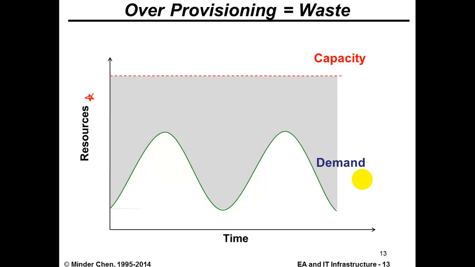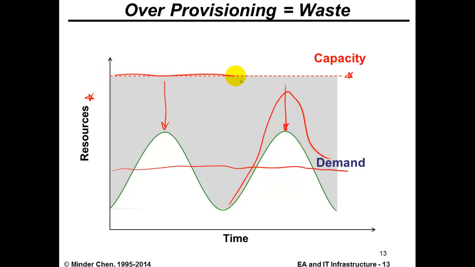But in the traditional computing IT infrastructure, the supply side, which is our capacity, is not so flexible. You pretty much have to have a fixed capacity in order to meet the peak demand. So on average, maybe that's what you need, but since your peak is here or even potentially here, you need to build up your capacity this high.